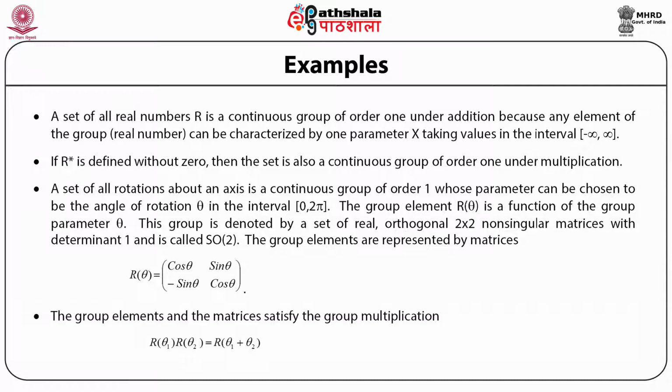The group elements satisfy the group multiplication, that is R theta 1 R theta 2 is given by R of theta 1 plus theta 2. That is, a rotation by an angle theta 2 followed by a rotation by an angle theta 1 is equal to a rotation by an angle theta 1 plus theta 2.